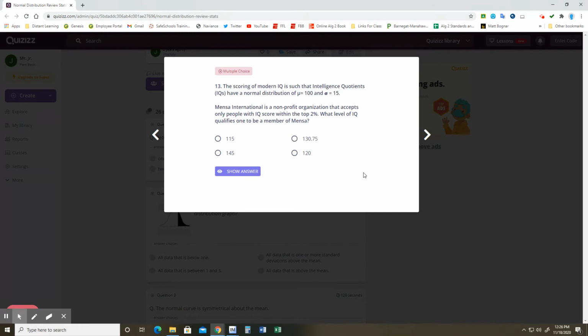13. The scoring of modern IQ is such that the intelligent quotients IQ have a normal distribution of mu equal 100 and sigma equal 15. Mensa International is a nonprofit organization that accepts only people within the top 2%. So hold on a tick. The top 2%. I'm going to draw something real quick before I do anything else.